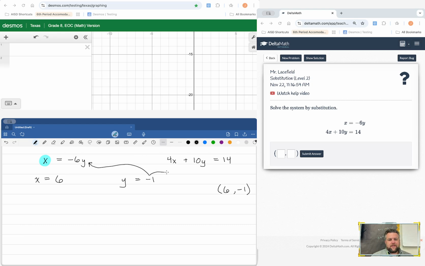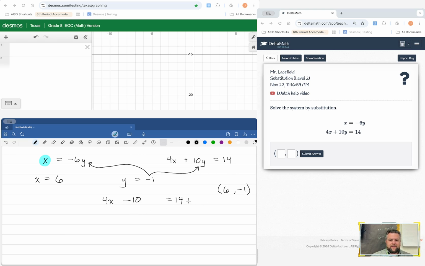So our proposal is that x is 6. We're going to then check it by plugging it into the other equation. 4x plus 10 times negative 1 equals 14. We now only have one variable left. That means that's all we're solving for. 10 times negative 1, that makes it minus 10.